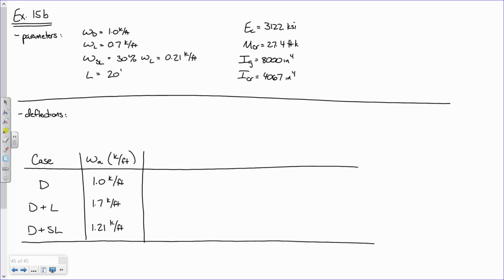Now, if I have each of those loads, how can I then compute the moment? What do I do with each of those loads? How about WL squared over 8? So if L is 20 feet, what do I get, 1 times 20 squared over 8?